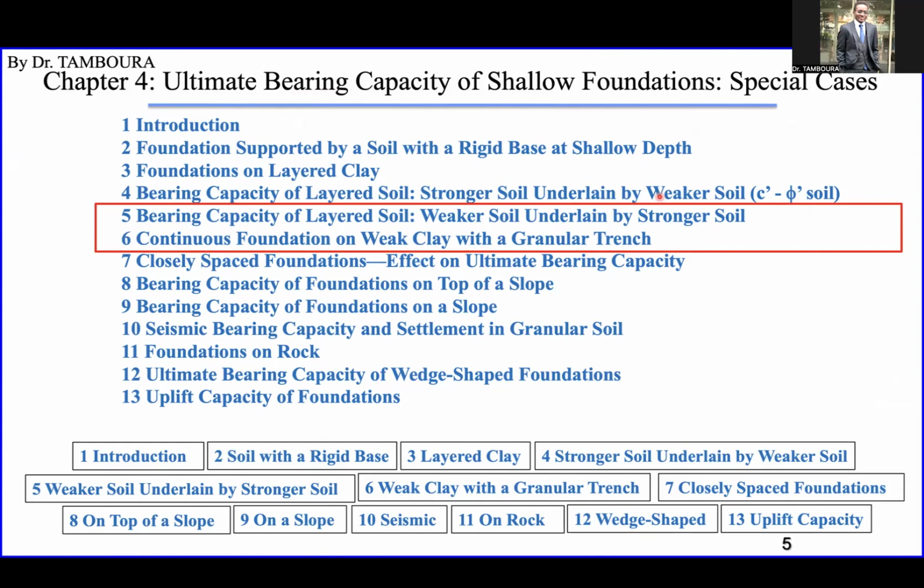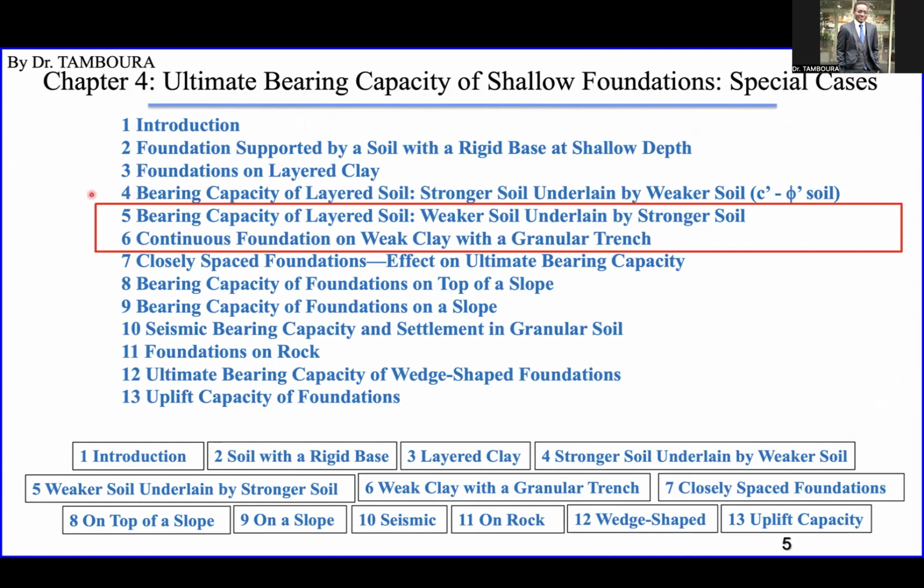But in this point 5, we have a stronger bottom layer. In that case, the stronger bottom layer will just increase the bearing capacity. So the effect of that bottom layer will not be negative. That's why point number 4 is very important.